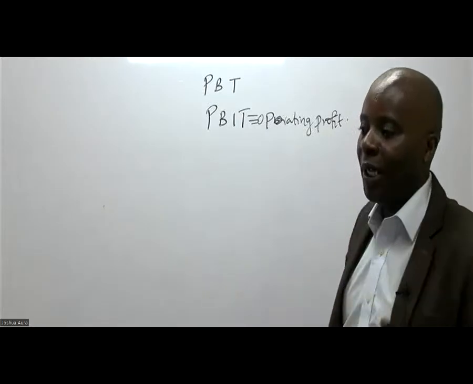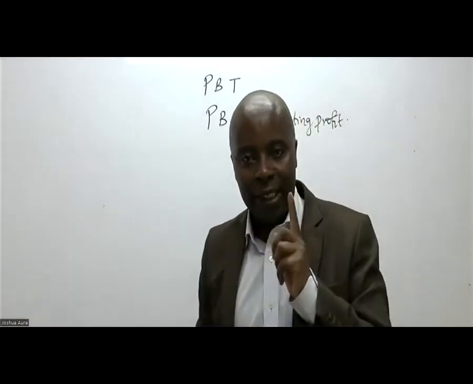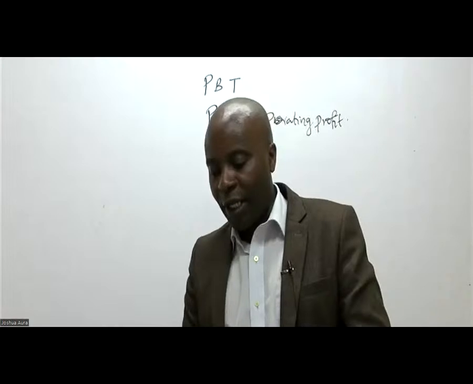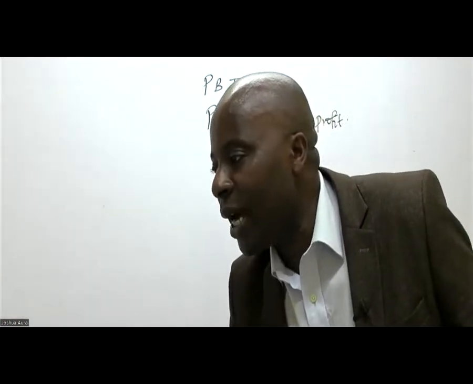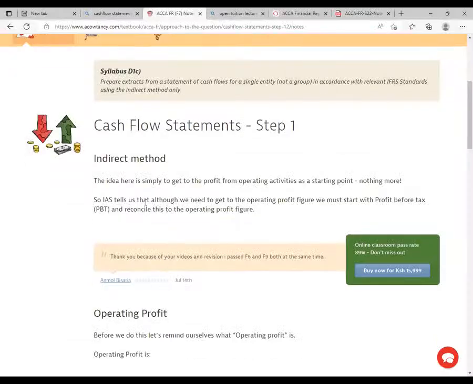So whenever you talk of operating profit, this is PBIT. What have they told us? I'm repeating again. IAS tells us that although we need to get to the operating profit figure, we must start with profit before tax and reconcile this to the operating profit figure.